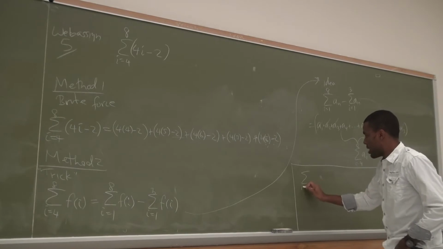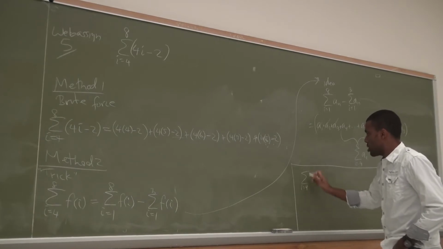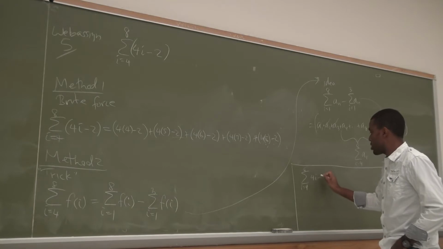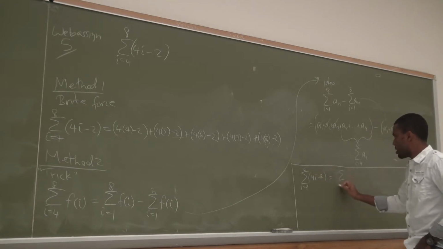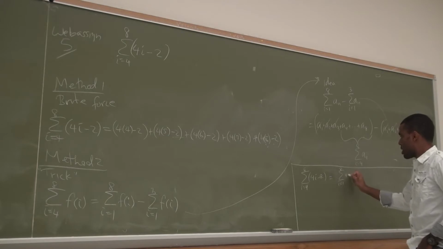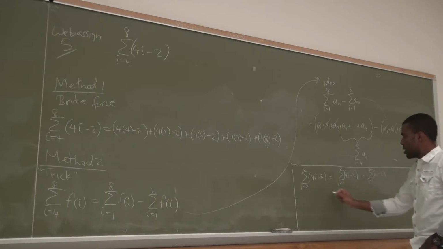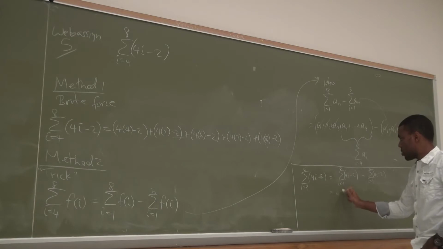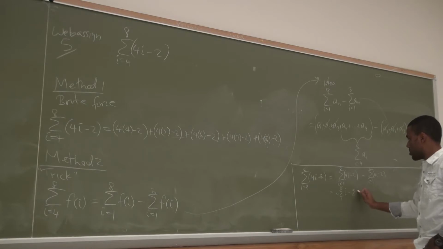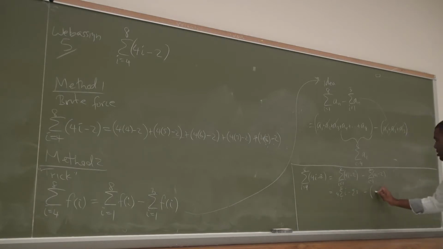So now, to go back to this example. If I did i goes from 4 up to 8 of 4i minus 2, I could just think of this as the sum from 1 to 8 of 4i minus 2, minus the sum from 1 up to 3 of 4i minus 2. This one I can split up. This is just 4 times the sum of i from 1 to 8 minus the sum of 2, minus 4 times the sum of i from 1 up to 3 of i minus the sum of 2.